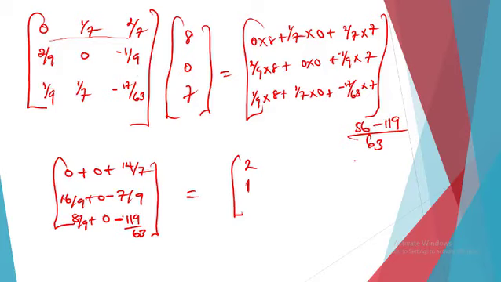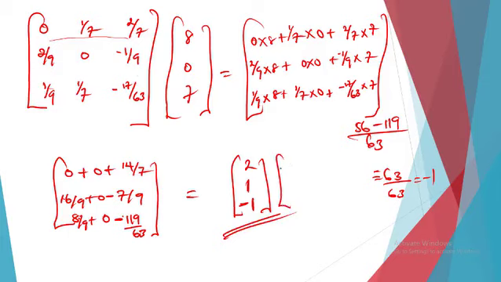So minus 119 plus 56 will give us what? Minus 63. So it's minus 63 all over 63, which will give us minus 1. Okay, and it means invariably that these are the values of x, y, and z. X is equal to 2, y is equal to 1, and z is equal to minus 1.